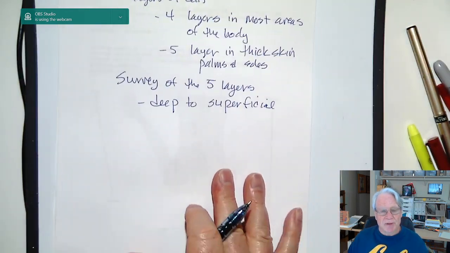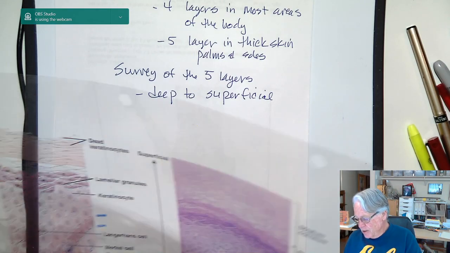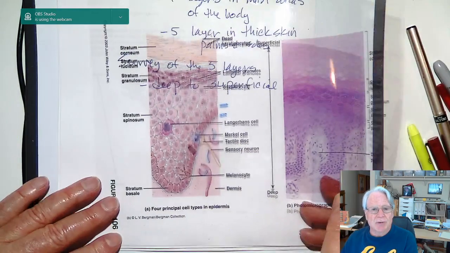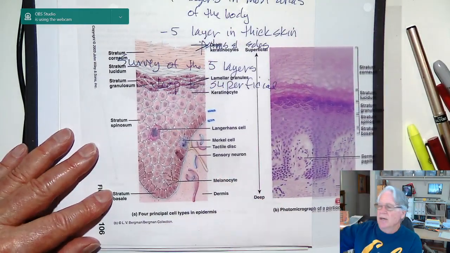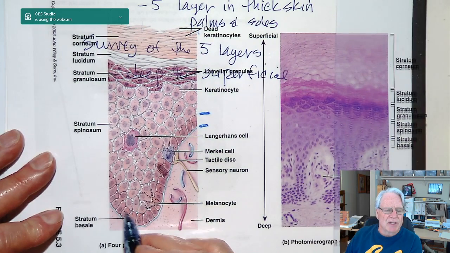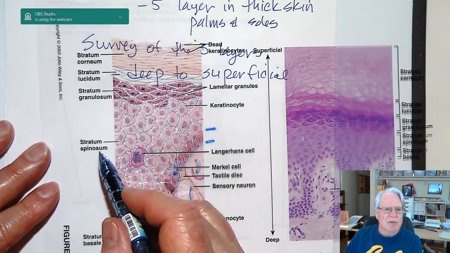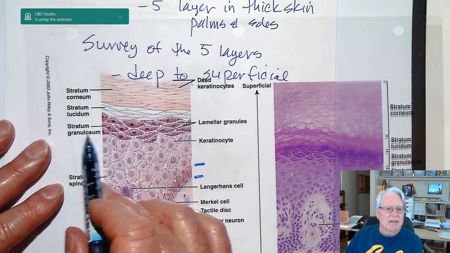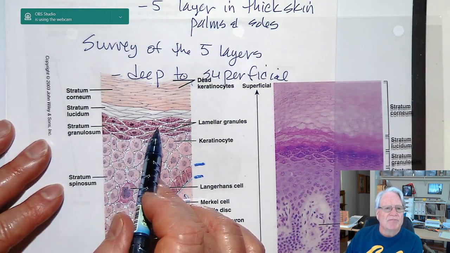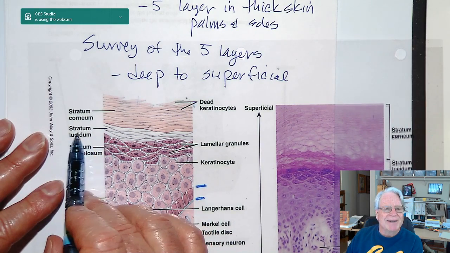Let's once again return to the image. What I'm going to do in our notes is start here. This is one of the layers, stratum basal. We'll talk about that. Then we'll move on to the next layer, stratum spinosum, and then the next layer, stratum granulosum. And then the stratum lucidum, this is the layer that may or may not be present.